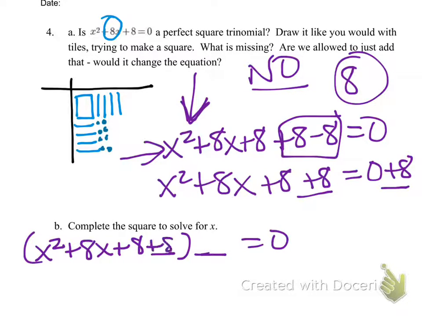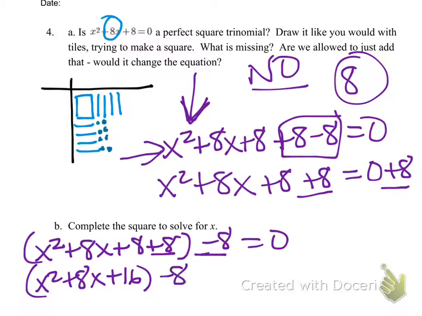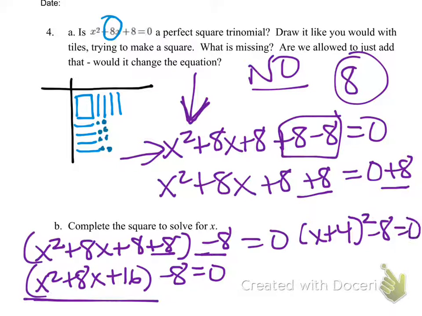I'm going to add my 8 and subtract my 8, so that I get x squared plus 8x plus 16 minus 8 equals 0. This is a perfect square trinomial, so that's x plus 4 quantity squared minus 8 equals 0.